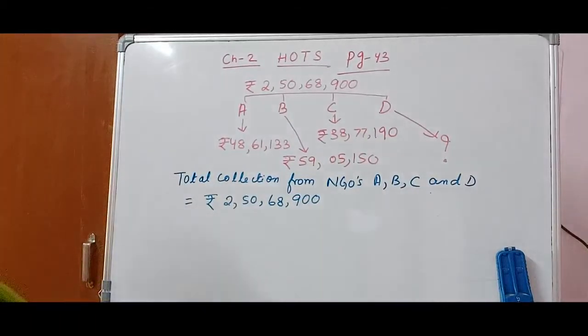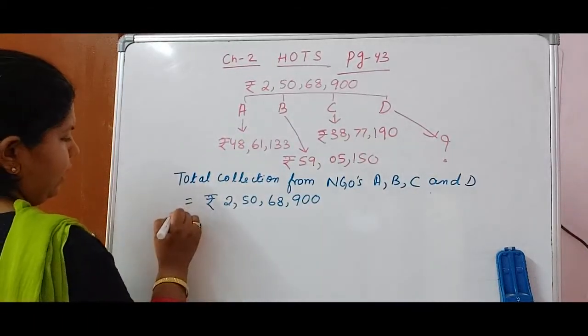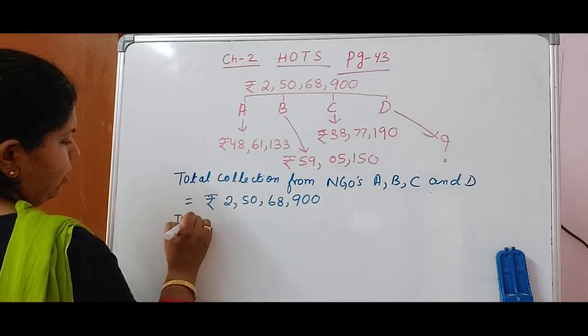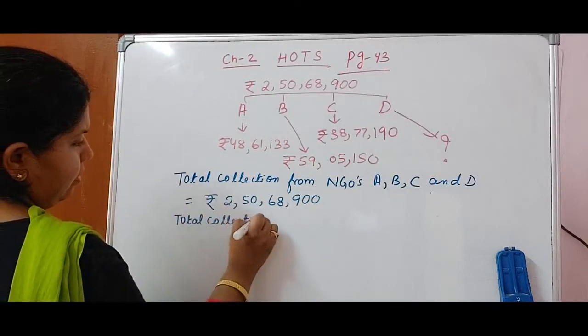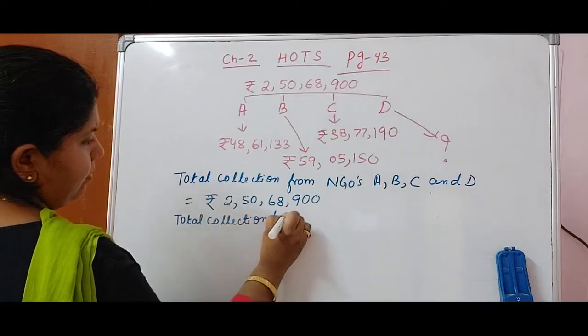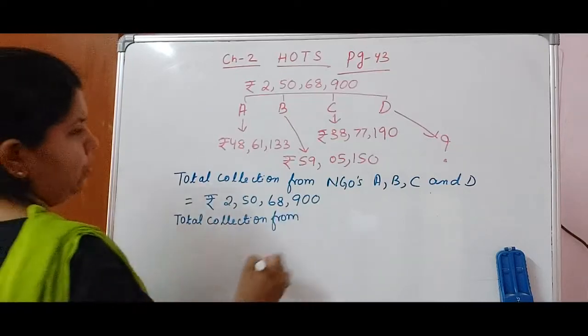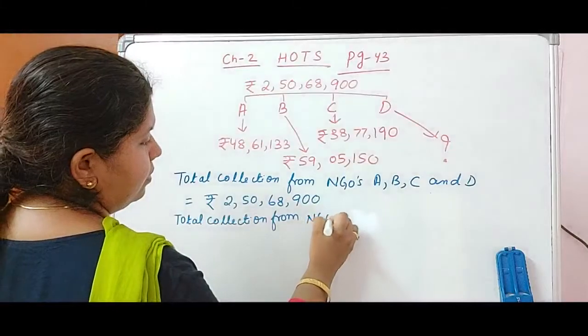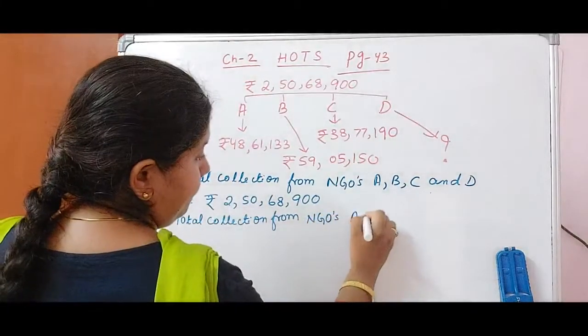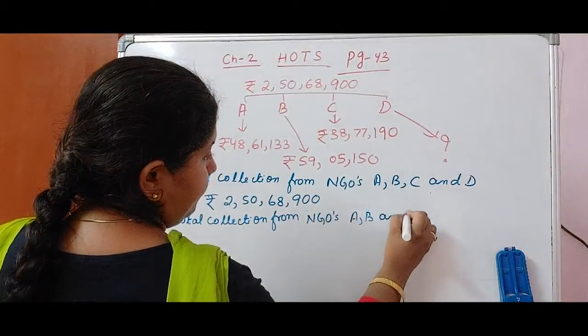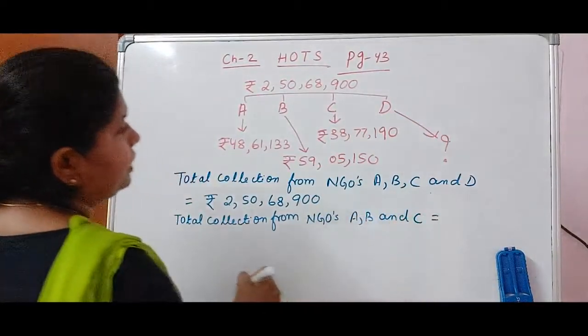Now total collection from NGOs A, B and C equal to how much?